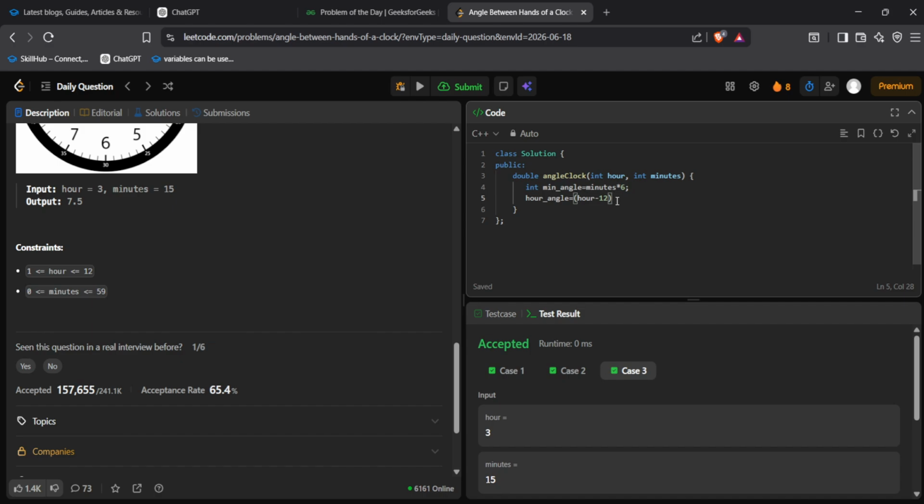So either you can take the absolute value or find it with the modulo operation.